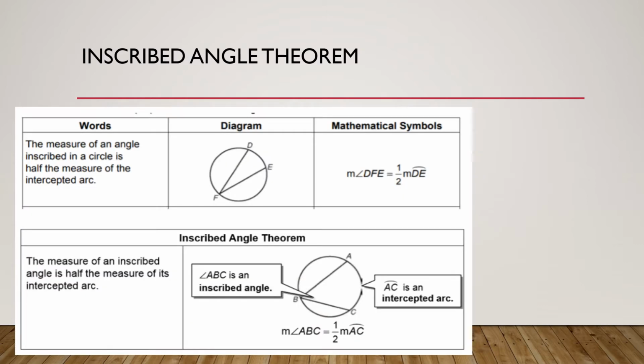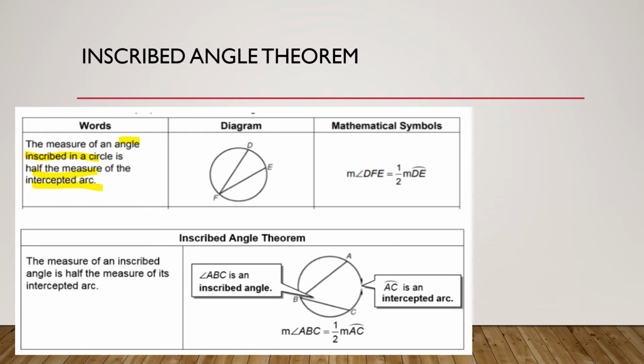The theorem we're going to use is the inscribed angle theorem. The inscribed angle theorem is telling me that the angle inscribed in the circle is half the measure of the arc.